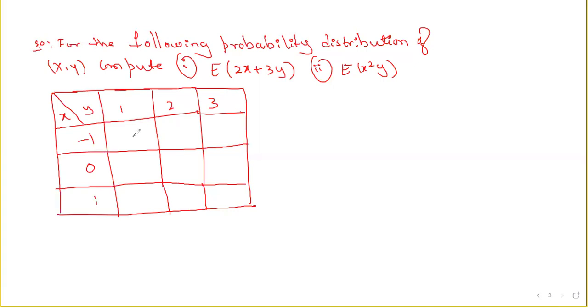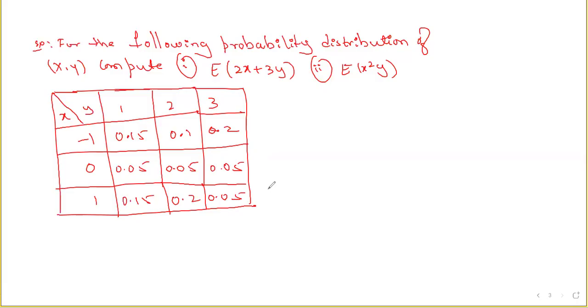The probabilities are also mentioned: 0.15, 0.1, 0.2, 0.05, 0.05, 0.05, 0.15, this is 0.2, and this is 0.05.